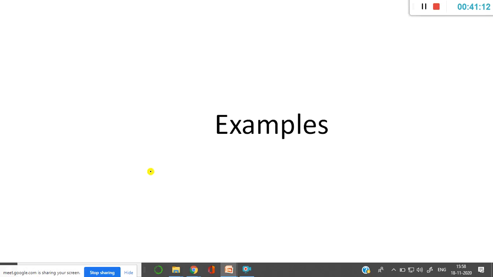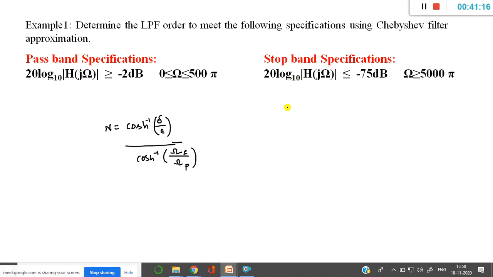Sorry, stop band to the pass band here. There it was pass band to the stop band. Yes, stop band to the pass band. So now you need to find out the delta value and epsilon value.